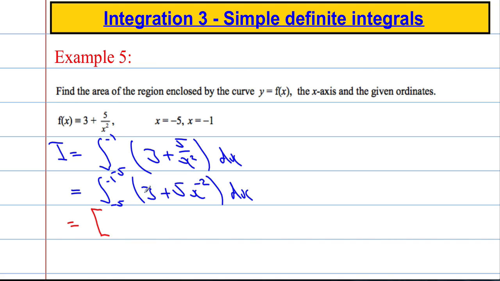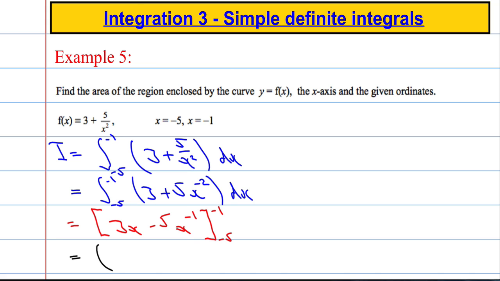Increasing the power of x by 1, we get 3x here. Plus increasing the power of x, we get x to the power of -1. Multiplying by 1 over -1 is going to give me -5, so -5x to the -1. We need to evaluate that between -5 and -1.